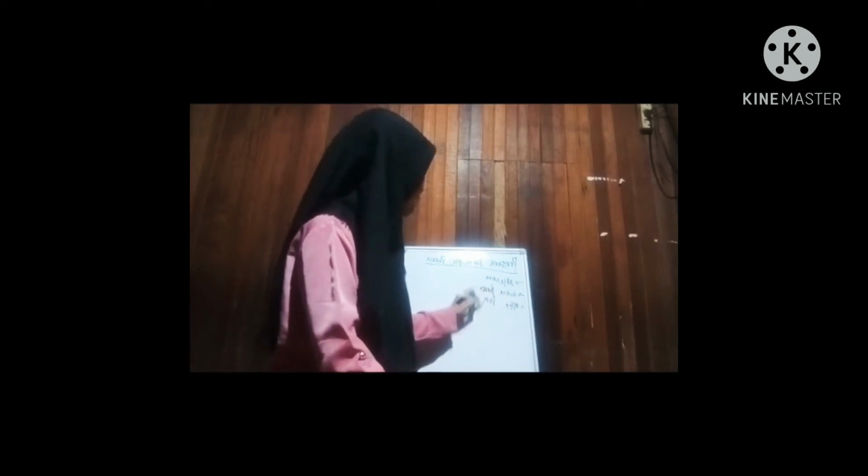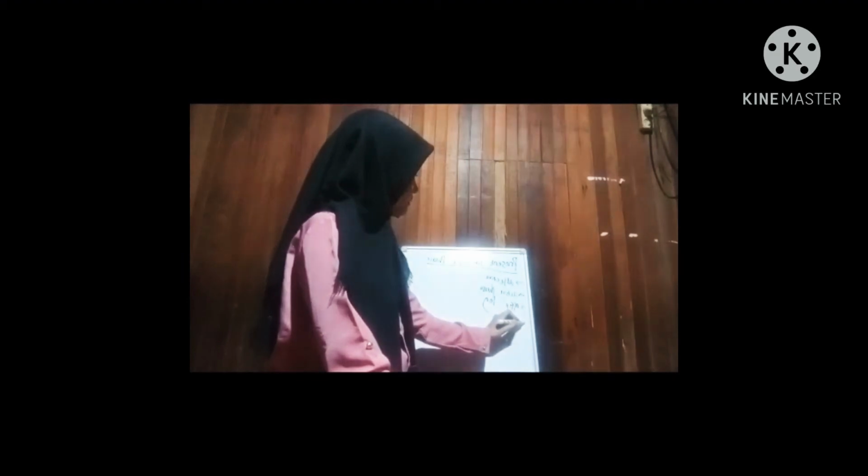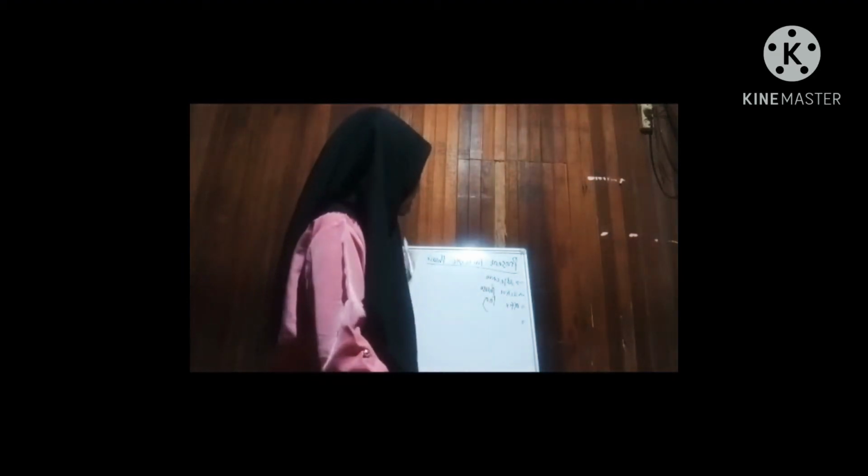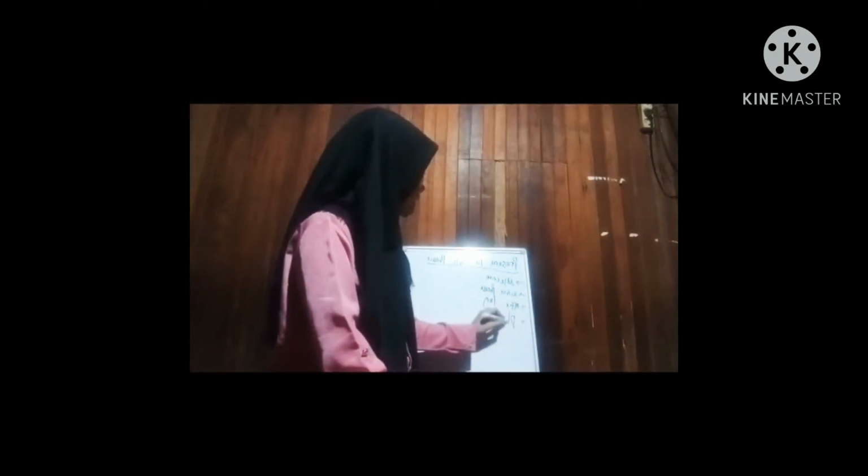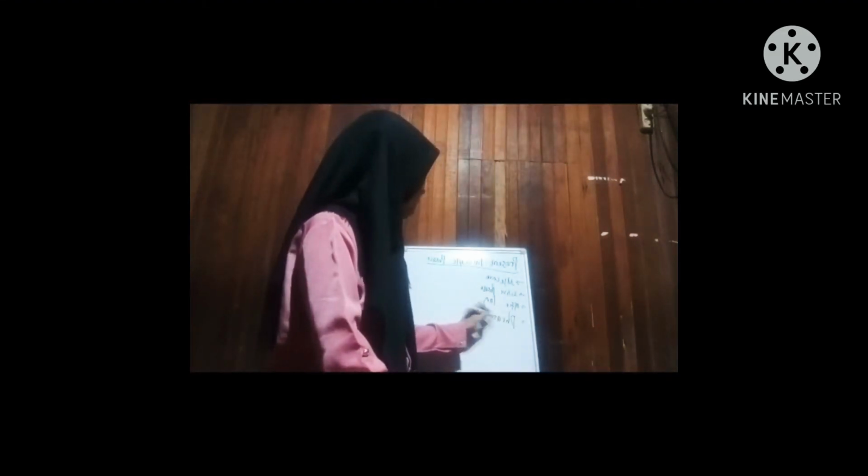In other words, the noun that is modified is the agent of the action expressed by the present participle. So, we add the affix -ing after the verb. Then we can write the present participle phrase as verb plus -ing.